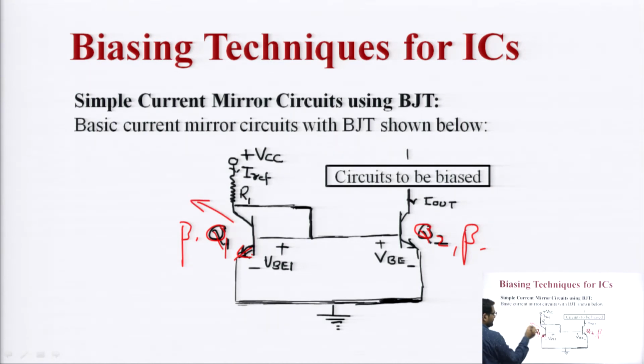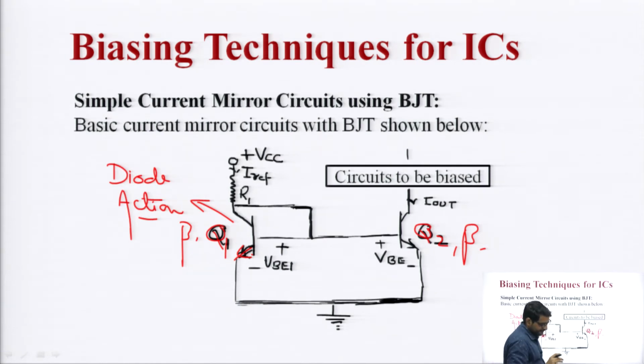In a BJT, if we short the collector electrode to the base electrode, then the BJT works as a diode. In similar fashion, in a MOSFET also, if we short the drain terminal to the gate terminal, then the MOSFET works as a diode.